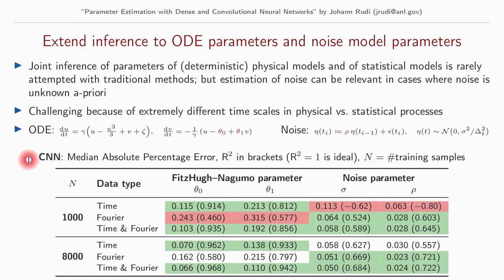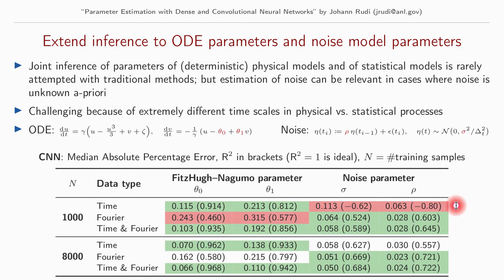Now this is the CNN only, and I want to show you two sizes of training data, and again the different data types: only the time series, the Fourier transform of the time series, or both as a two-dimensional vector. We see that with 1000 training samples and only the time series available, the noise parameters are basically non-predictable by the network.